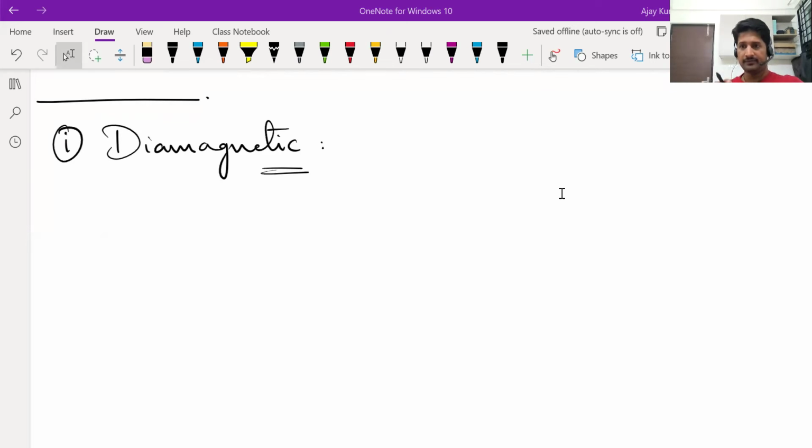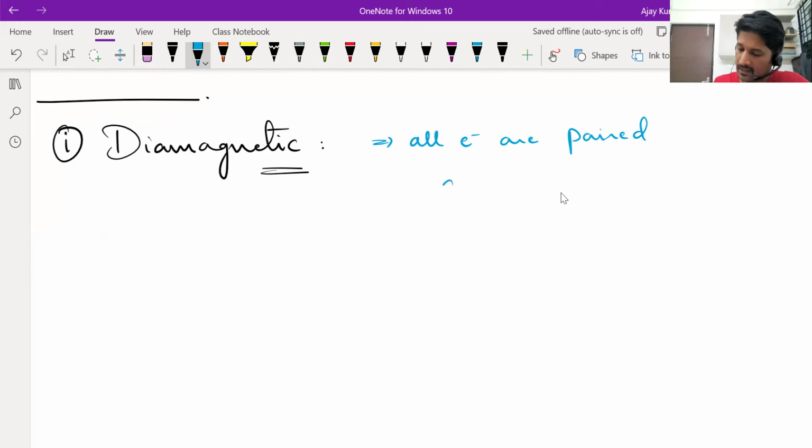Correct. No unpaired electrons means all electrons are paired, at the atomic level itself. If all electrons are paired inside the atom, that means every electron has another electron cancelling its magnetic field.